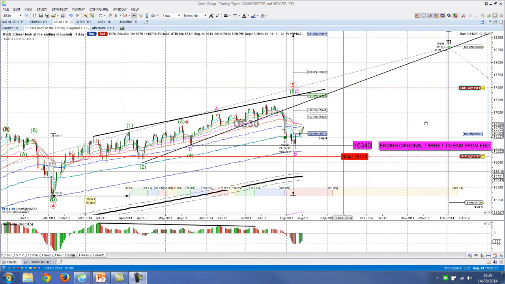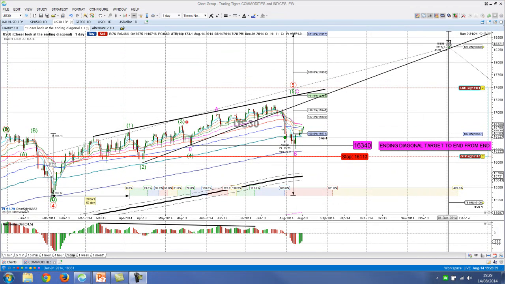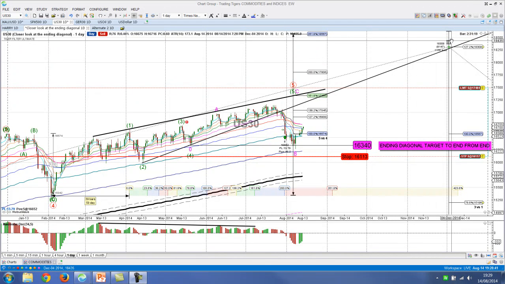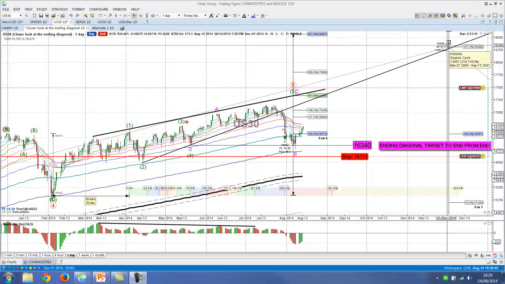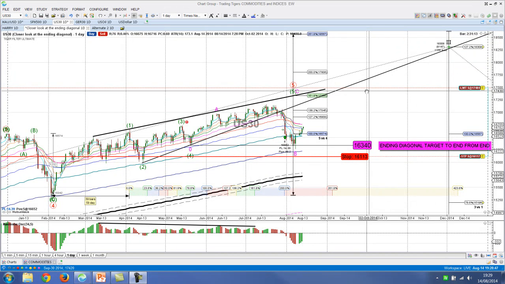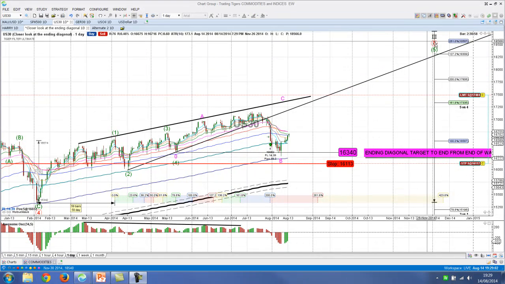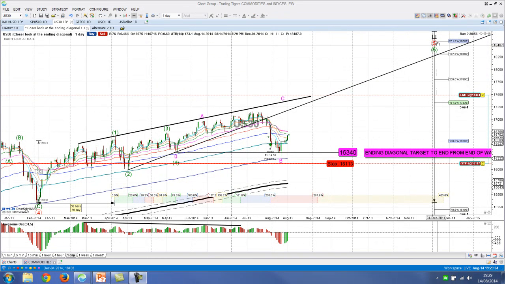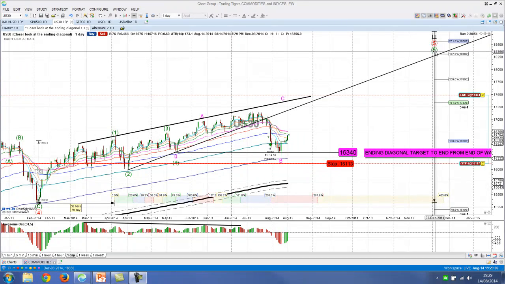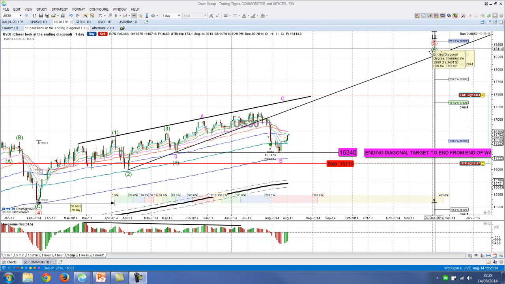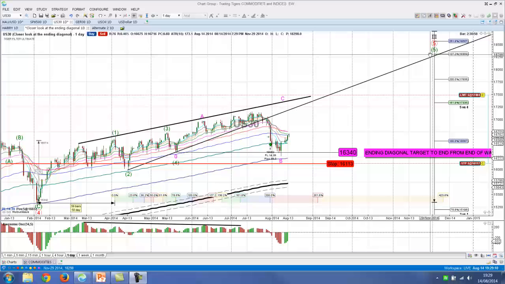So what I've done, this is the cycle degree, which is the largest wave that we have right now. That's black in Roman numerals. Its substructure is the primary, red in circles, and the intermediate, that's green and in brackets.